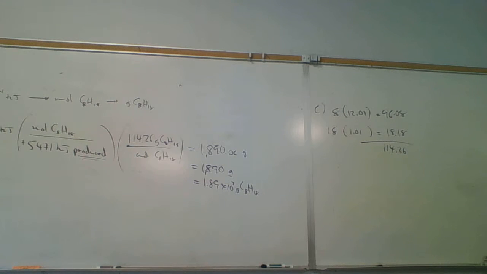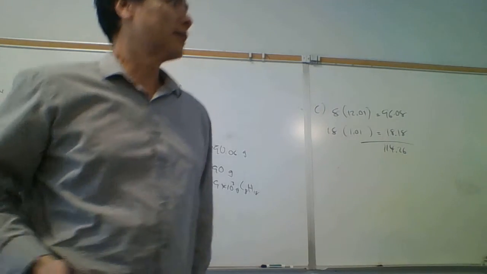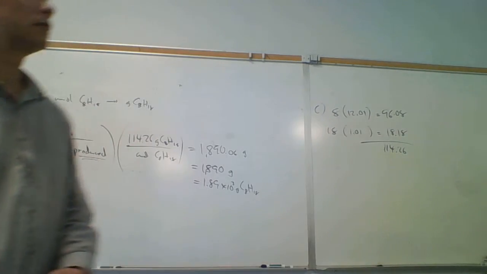That's burned. Here, I didn't need the balanced chemical equation. Normally, I would, but they told me it's this many kilojoules for every mole, so I didn't have to write out the balanced chemical equation. Anyway, they get the same thing, I think.